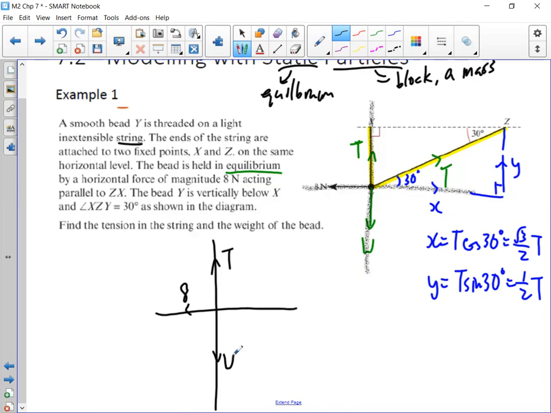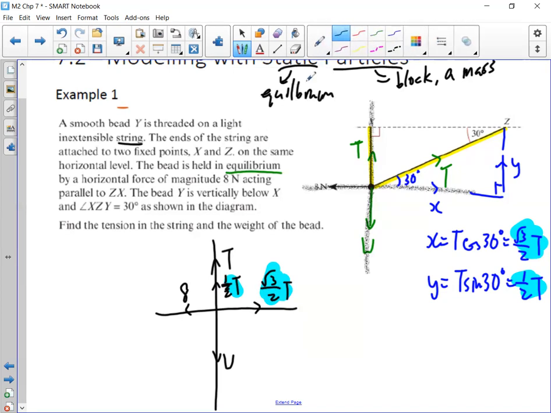Now, for the T that we have resolved, we have resolved X on the right side. We've got √3 over 2 T. Upwards, we've got a half T. So put a half T on there. So just to highlight for you, this half T and √3 over 2 T are here.